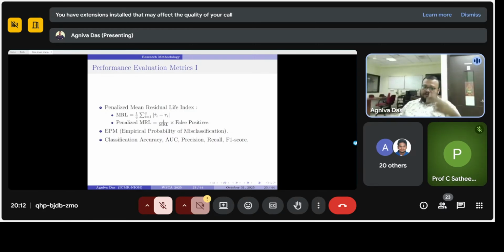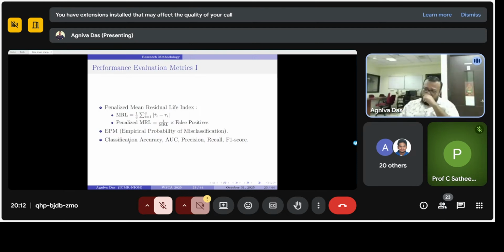If you take 1 by that, the lower it is, basically the worse it is. If you multiply that with the false positives, now you have the penalty element. The more false positives your model gives, the more your mean residual life index will be affected.